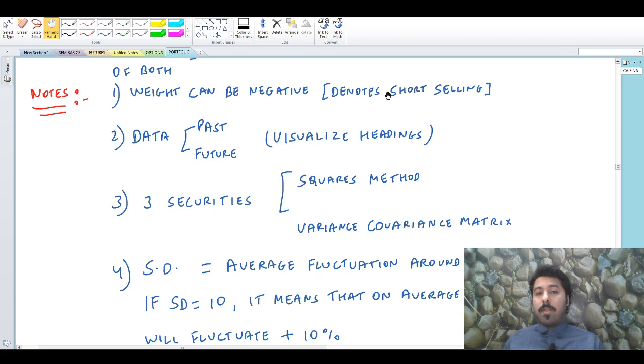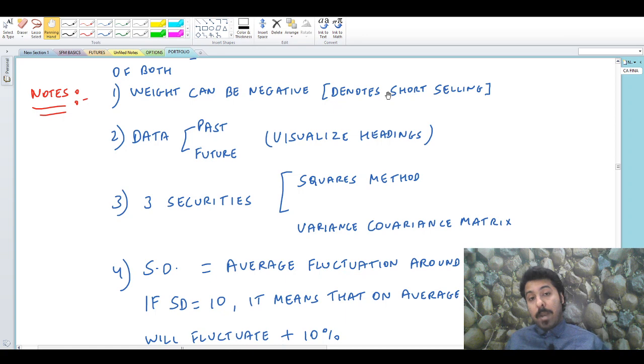This means short selling, like minus 0.5 and 1.5. The sum total should be 1. What I said earlier was sum total was minus 1. That was wrong. Sum total should be 1. So you can have minus 0.5 of stock Y and 1.5 of stock X. How will this happen? You will short sell. You will sell stock Y and use that money to put into X. So X will become 1.5 times. So weight of X will be 1.5.